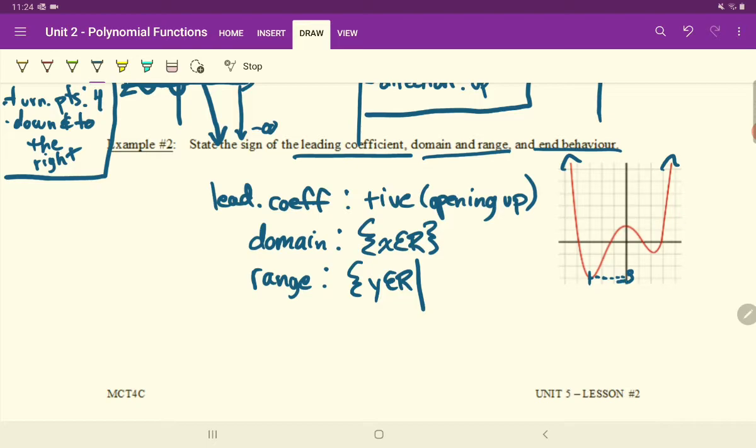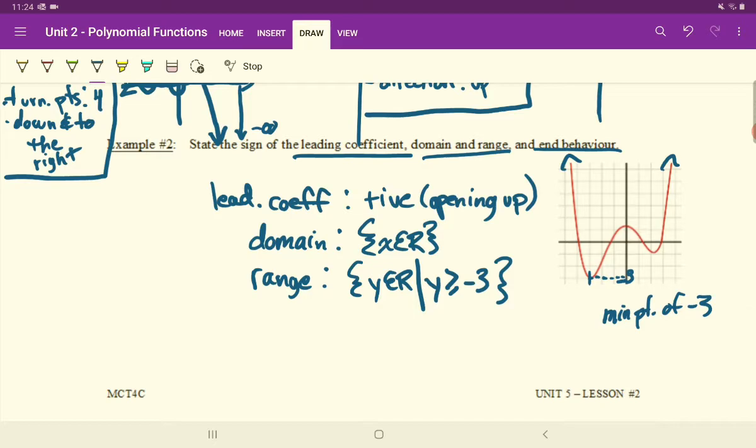So this graph has a minimum point of -3, which means that my y values must be greater than or equal to -3. They can equal -3.